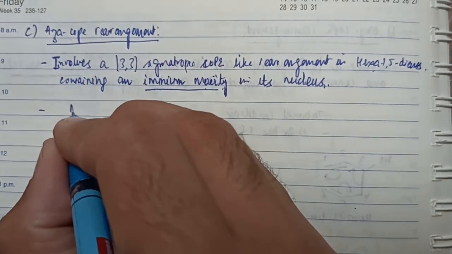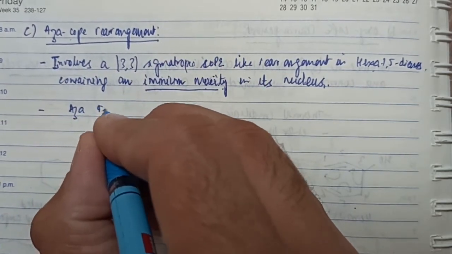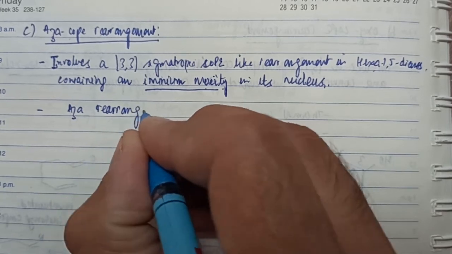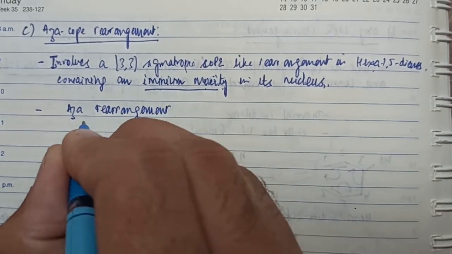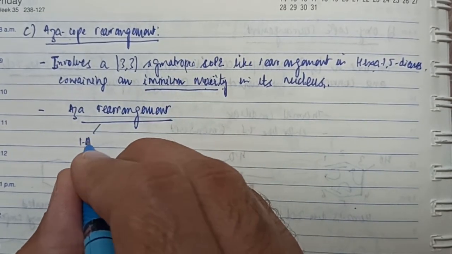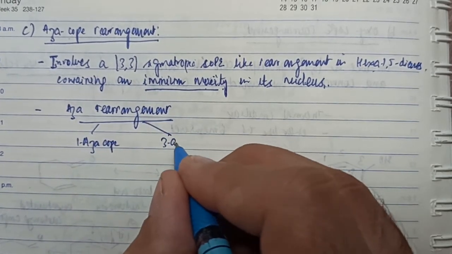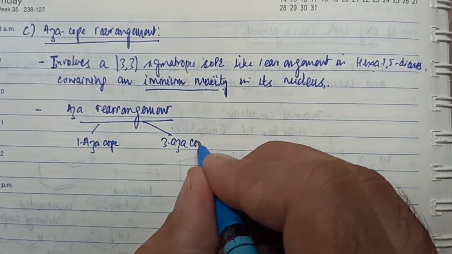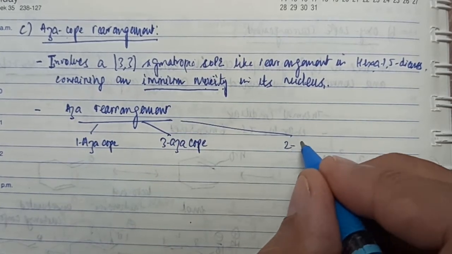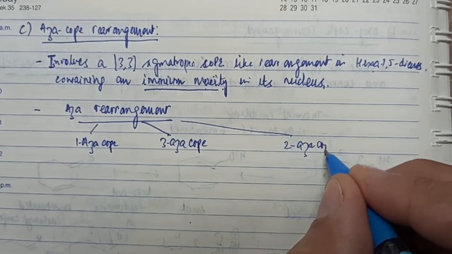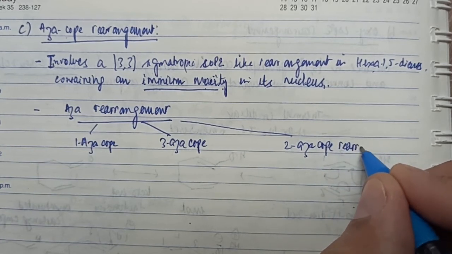In fact, the aza-cope rearrangements are divided into 3 types: the 1-aza-cope, the 3-aza-cope, and the 2-aza-cope rearrangement.